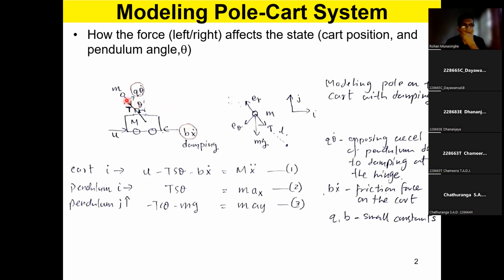And also at this configuration, we have the pendulum mass, small m. It has its own weight working downwards. And also we have two vectors, e theta and e r. So this is the tangential direction, this is the radial direction vectors.